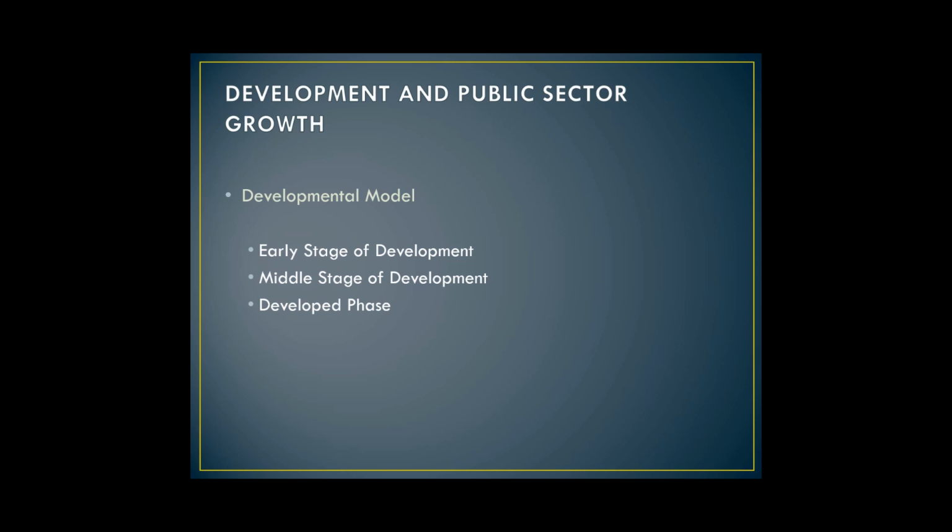An increasing proportion of expenditure is diverted to control the externalities. And lastly is the developed phase of the public sector, wherein expenditure is primarily driven by the desire to react to issues of equity. It results in transfer payments becoming the main item of expenditure.